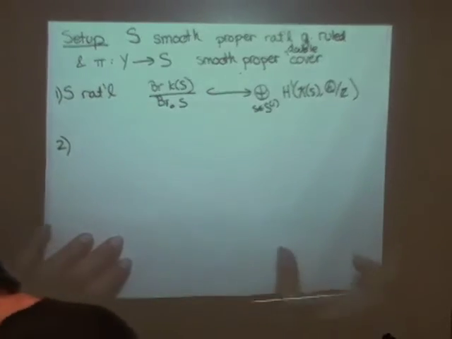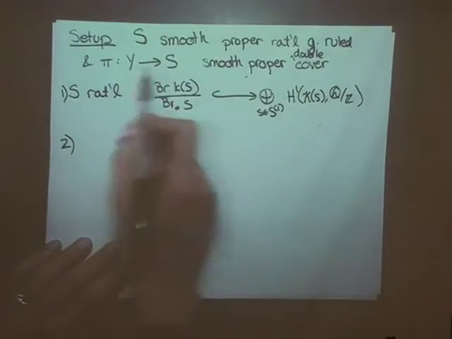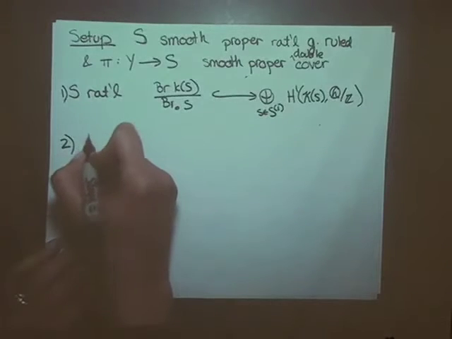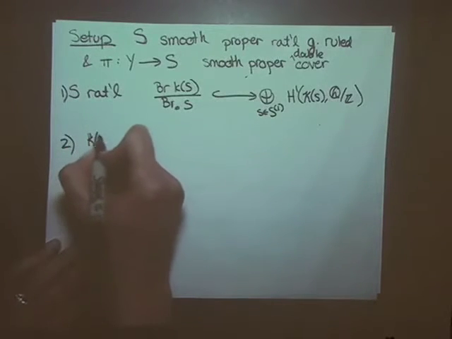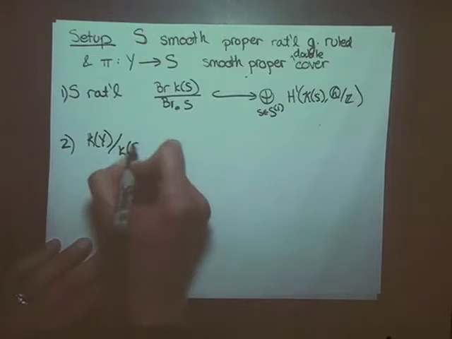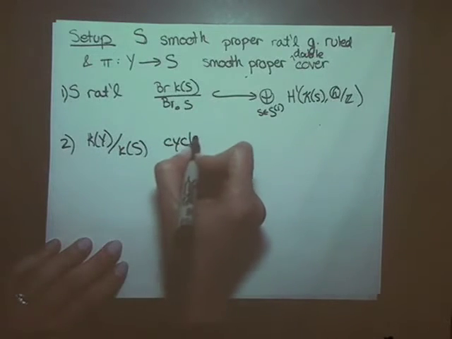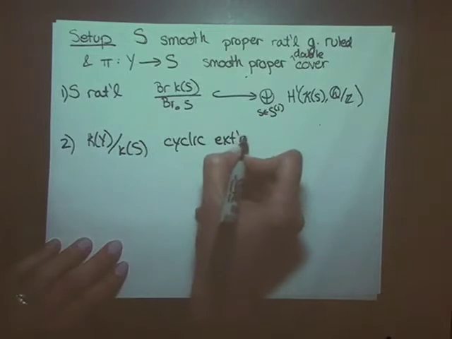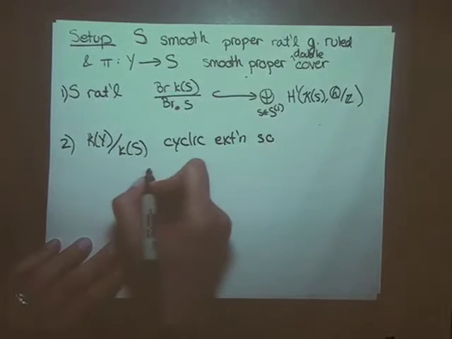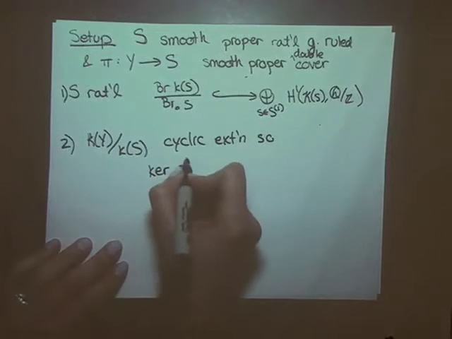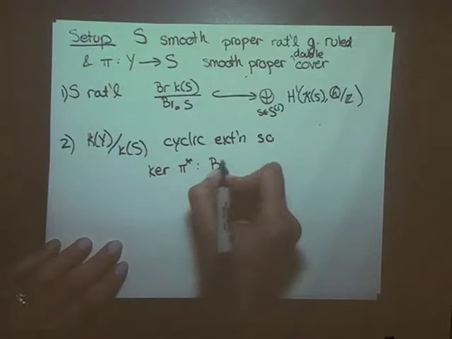And then what happens, because this is a double cover at the function field level, this is a cyclic extension. So I can understand the kernel of this map.